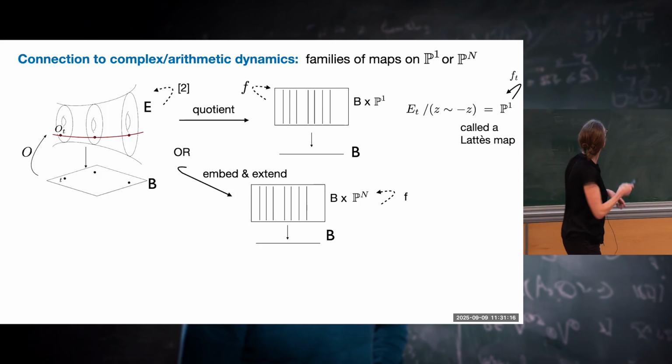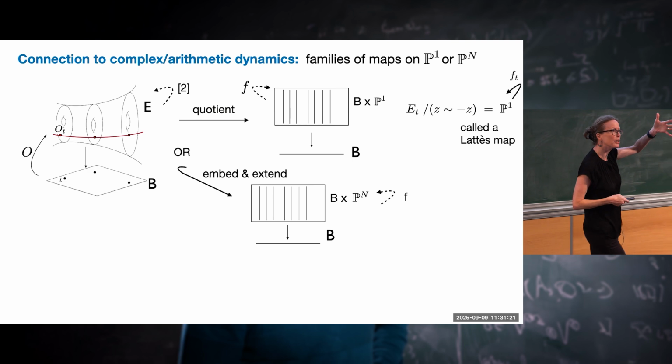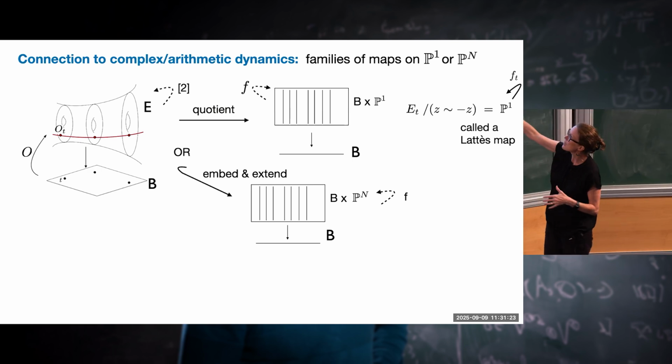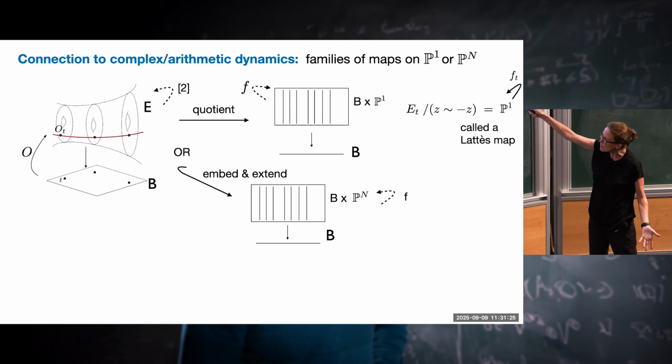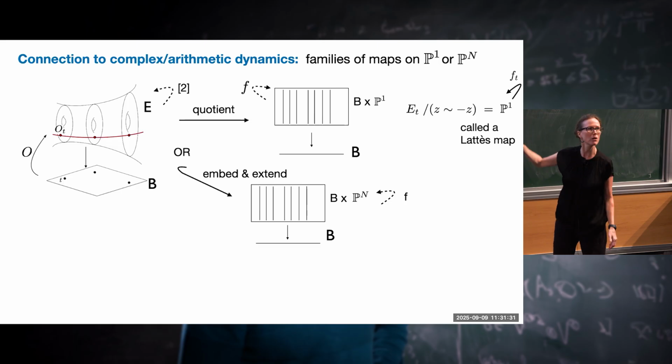And in fact, you can do the same with families of abelian varieties. You can take whichever family of abelian varieties, choose an endomorphism like multiplication by 2, and you cannot do the quotient to get a family on projective spaces, but you can always do the embedding.